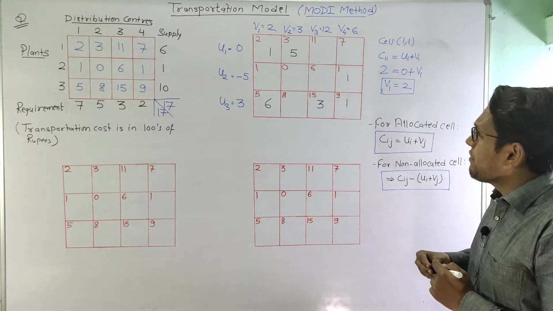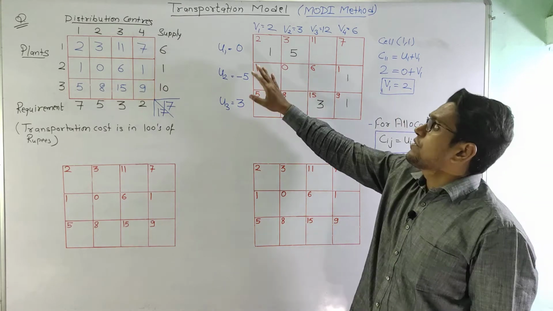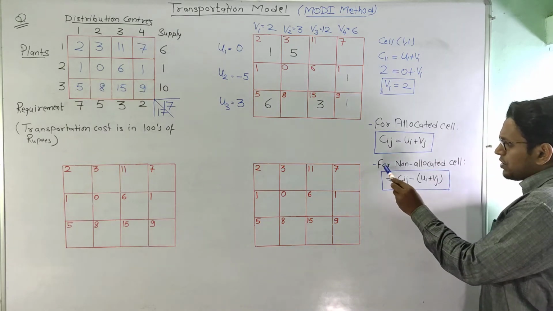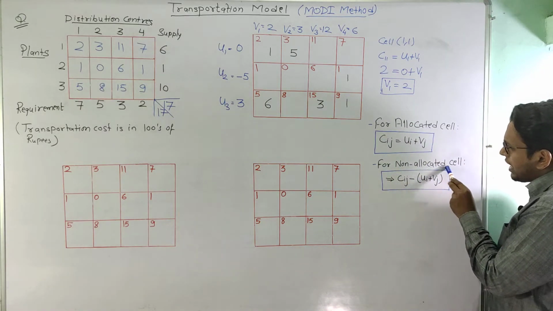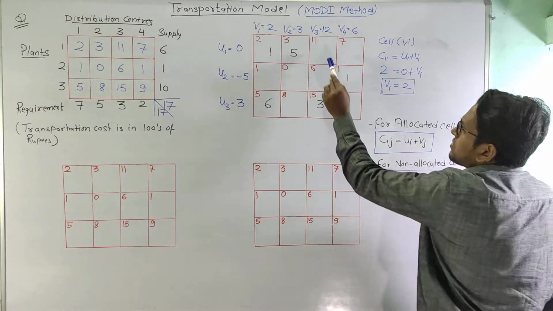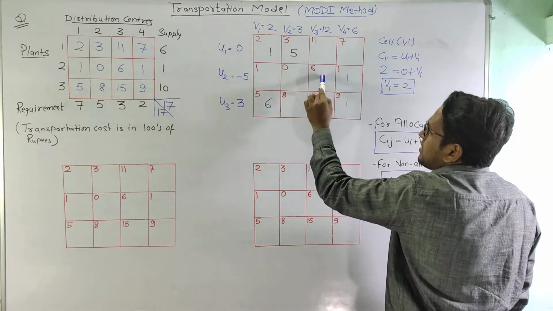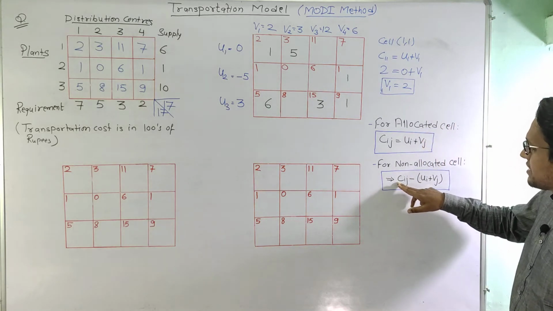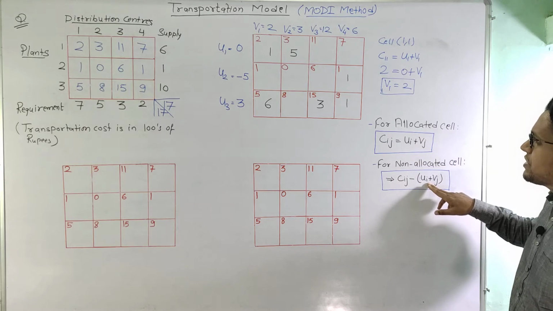Once we have found all the values of u's and v's, we need to calculate the value for the non-allocated cells, or non-basic cells. There are 6 non-basic cells, and we need to find the values of Cij minus (ui plus vj).